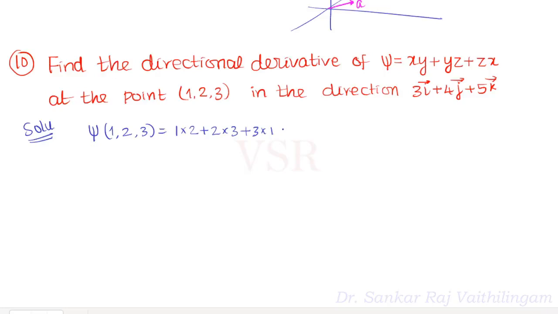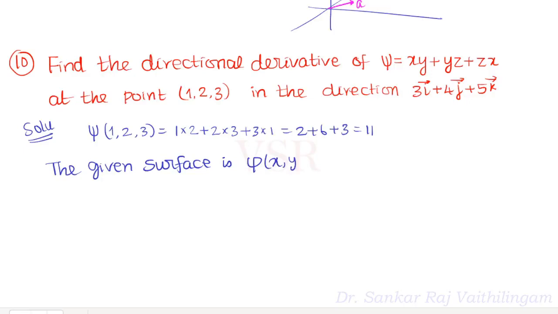So this is equal to 2 plus 6 plus 3, which is equal to 11. So the given surface is phi of x comma y comma z equal to 11.